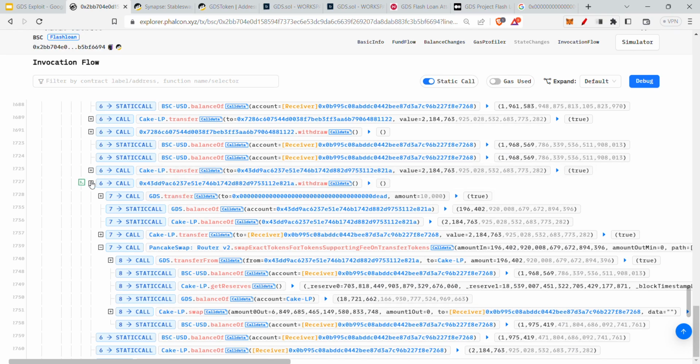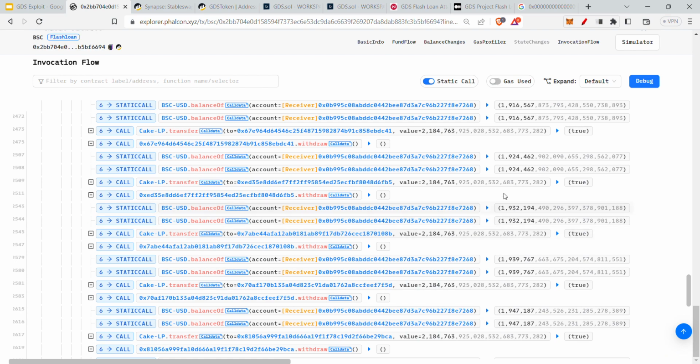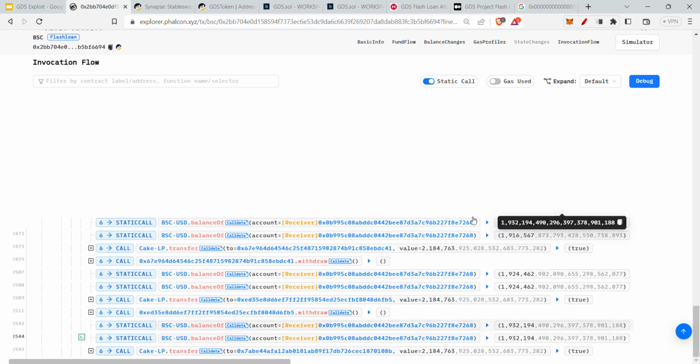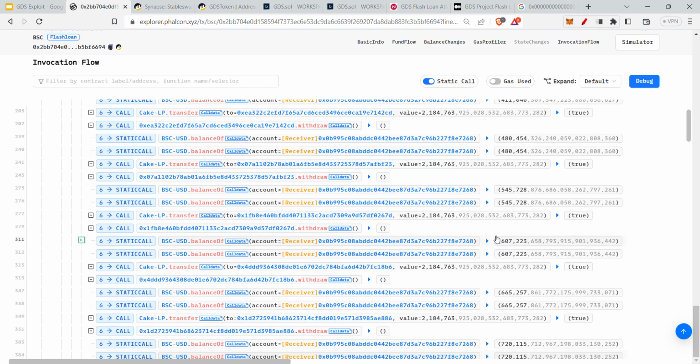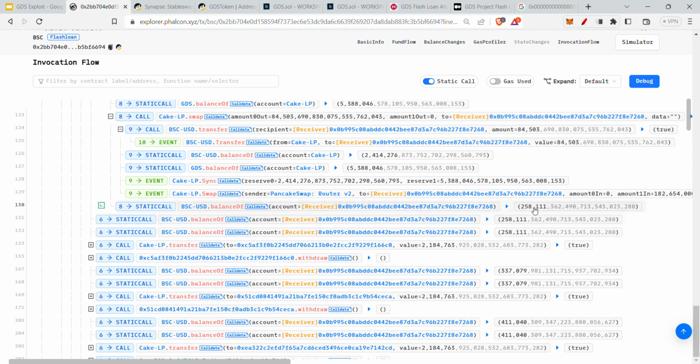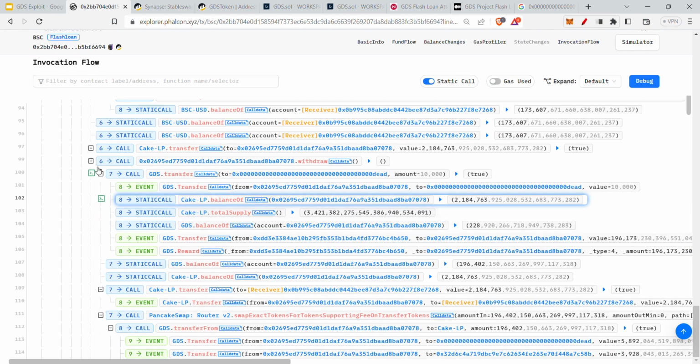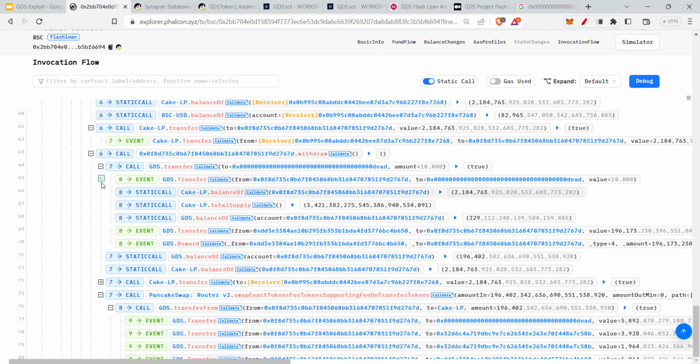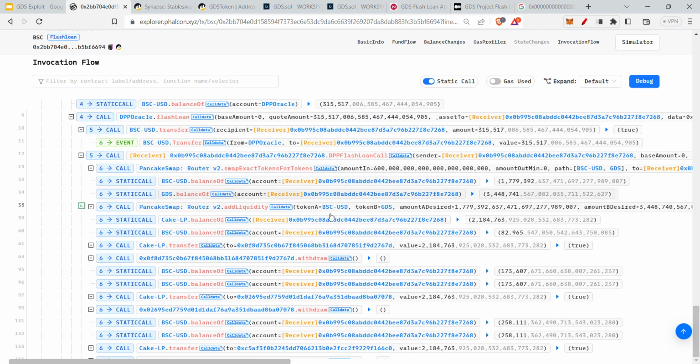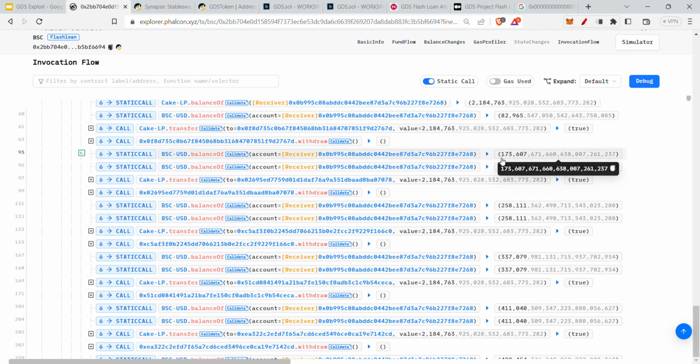So if we just look at this amount over here, right? This is the amount of BSC USD in the B995 token contract. B995 contract. So if you notice, the first time he does it, he has 173,607.